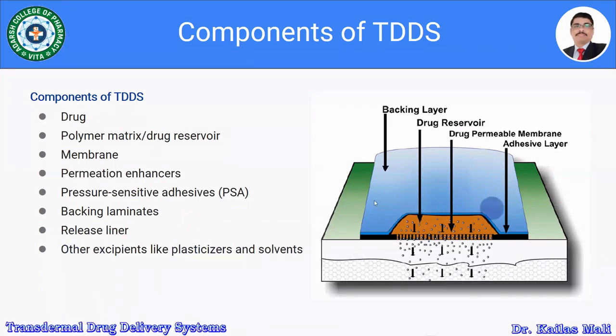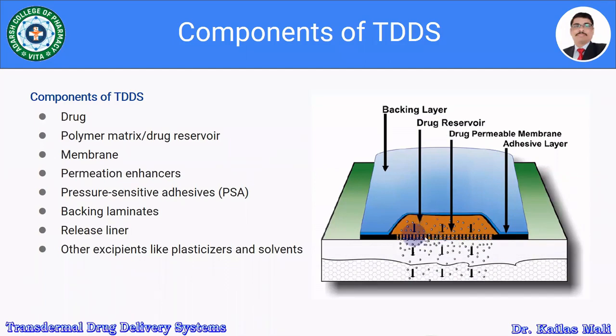Look at the figure. This is a transdermal patch which is placed onto the skin, and here I have shown some components of the transdermal drug delivery system. The blue layer is the backing layer. Here is the drug reservoir. It may be a matrix or it may be a reservoir.